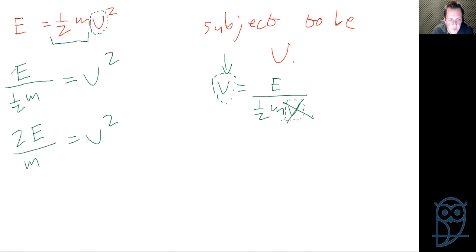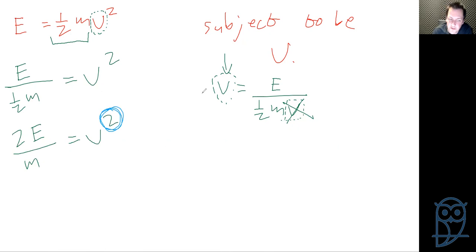Now, that change from the half to the 2, not directly critical, but it just makes it neater. The more important part is, how do I get v by itself here? Well, what is stopping me from having v now? What is stopping me is the squared. And as I've told you already, to move stuff to the other side, you've got to use the inverse operation.